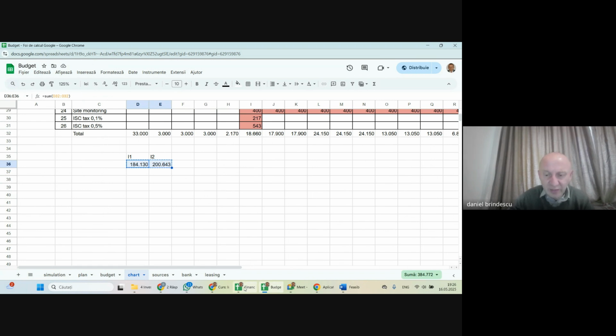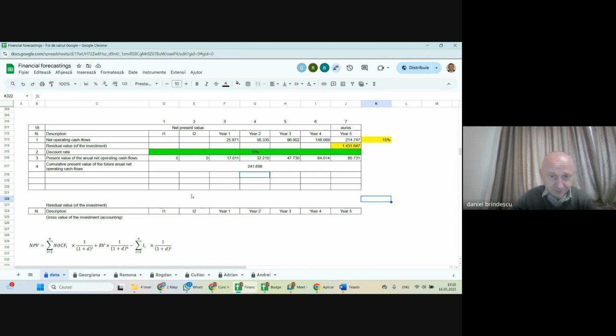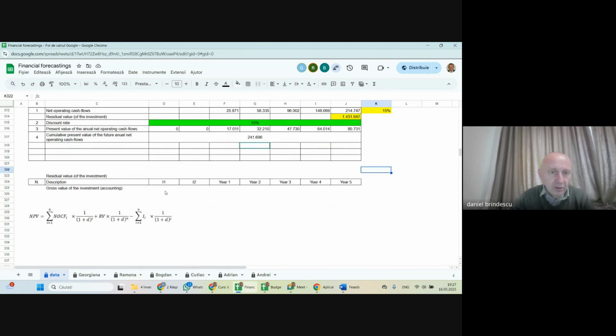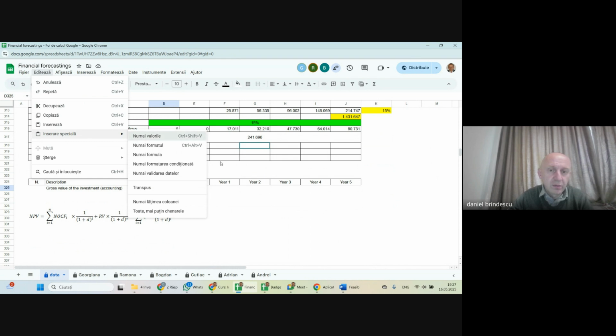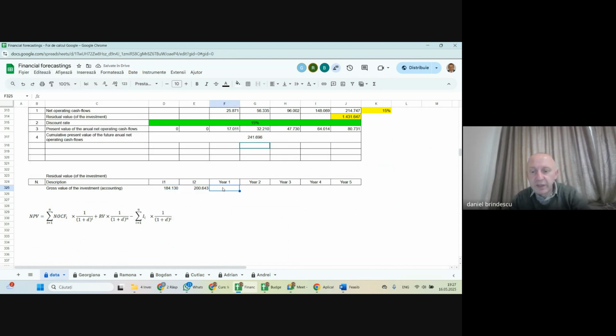Now I have to copy paste them because they are in a different sheet. And in reality, it's this plus this. So from here on, the gross value remains the same.